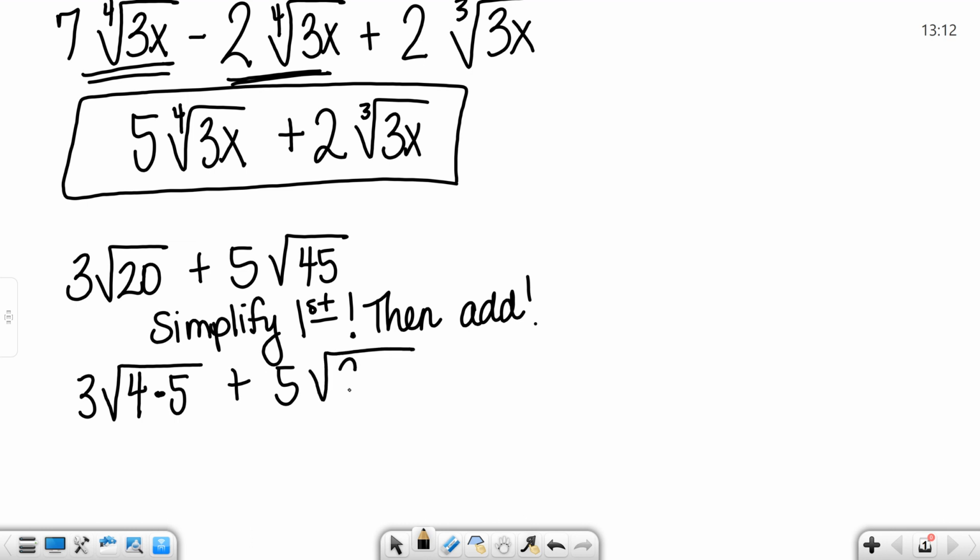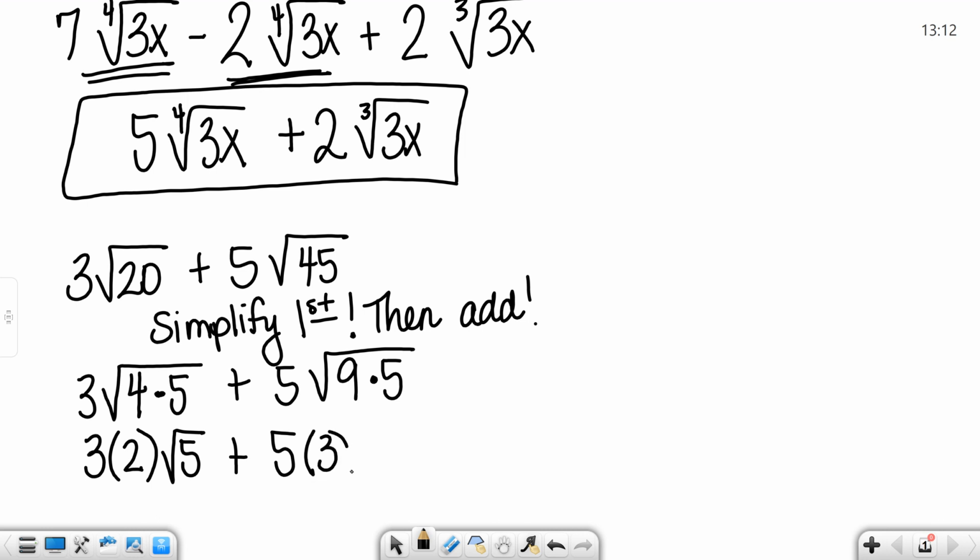The square root of 45, I think of it as 9 times 5. The reason I want to do that is I can take the square root of 4. It is 2. So I end up with 3 times 2 times the square root of 5 plus, this 5 stays here, the square root of 9 is 3 and then I still have that square root of 5.